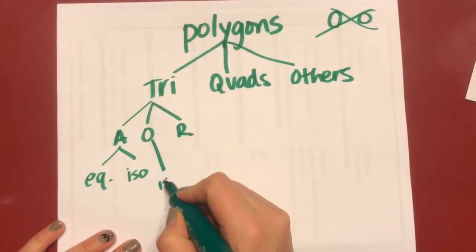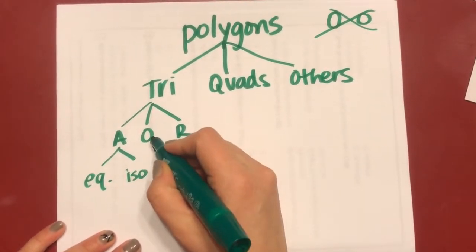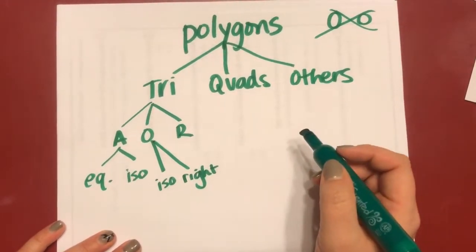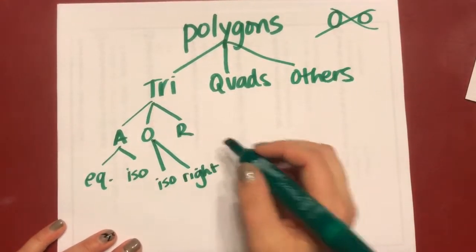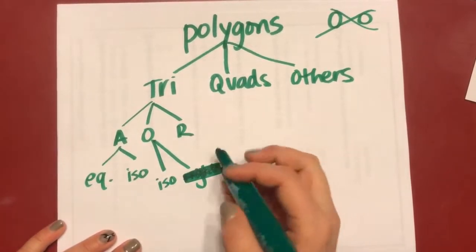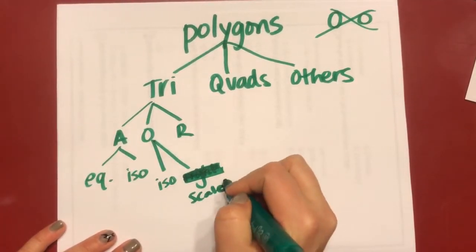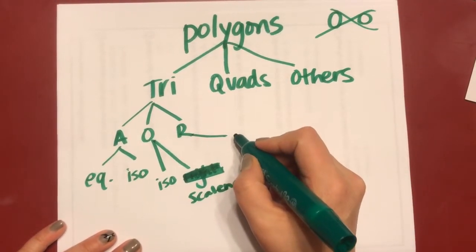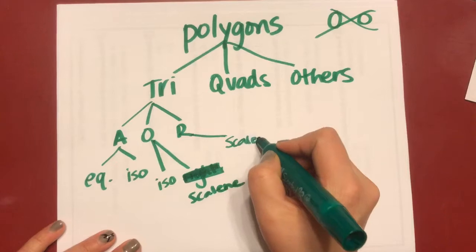It could be isosceles or scalene. A right triangle is really going to be scalene.